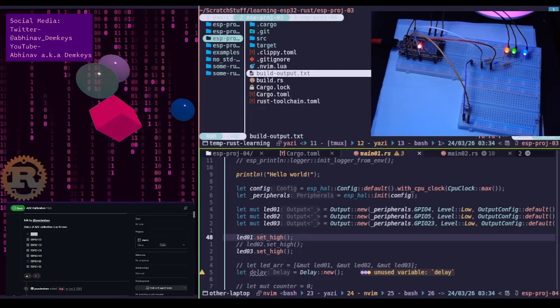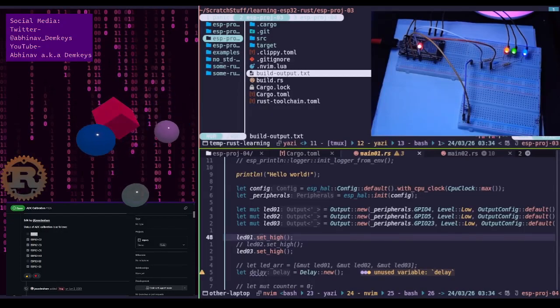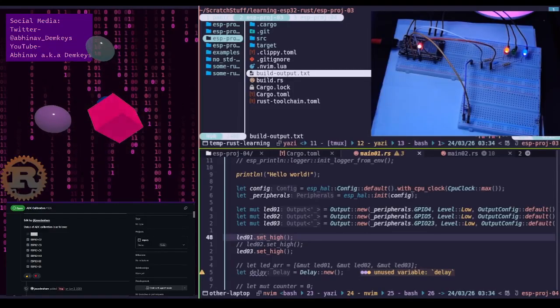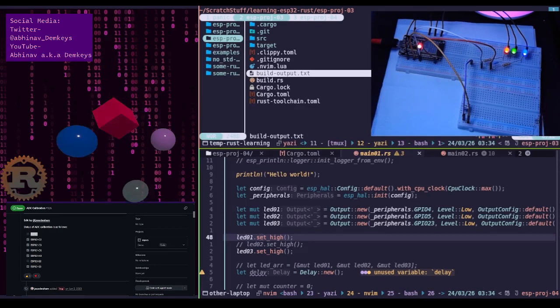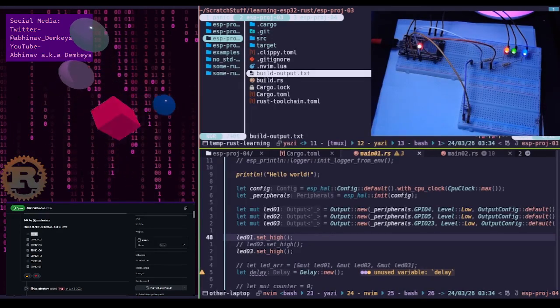It's not a Ratatouille port exactly, but it's a crate that allows you to use Ratatouille to build TUIs for microcontrollers. So basically, it allows you to use Ratatouille with embedded graphics, and because it's using embedded graphics, that's why you're able to use it with microcontrollers.